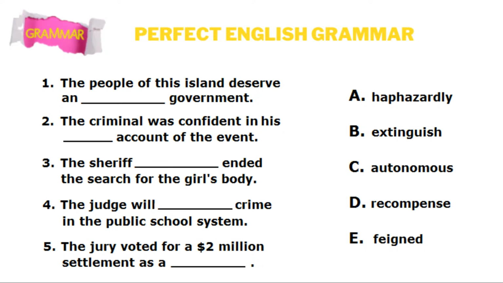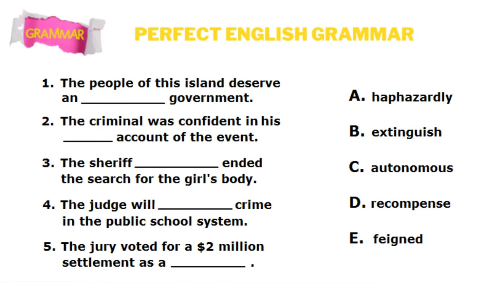And then you have: the criminal was confident in his blank account of the event, and which one of the options on the right side would be a good fit for that question number 2. And then the question blank ended the search for the girl's body, and which option on the right side would be a good fill-in for that question number 3.